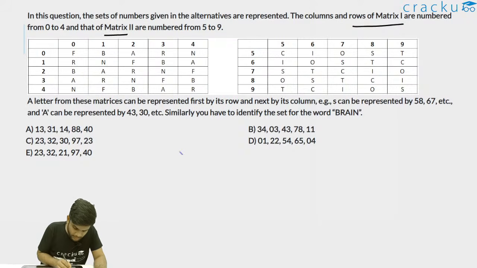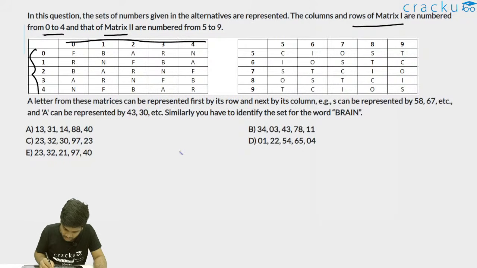Matrix number 1 is numbered from 0 to 4 in both rows and columns, and in matrix number 2 it is 5 to 9.